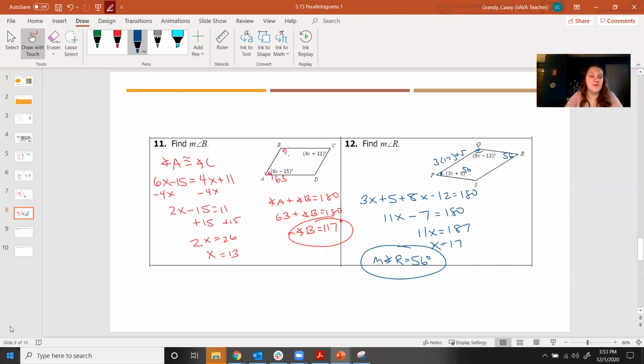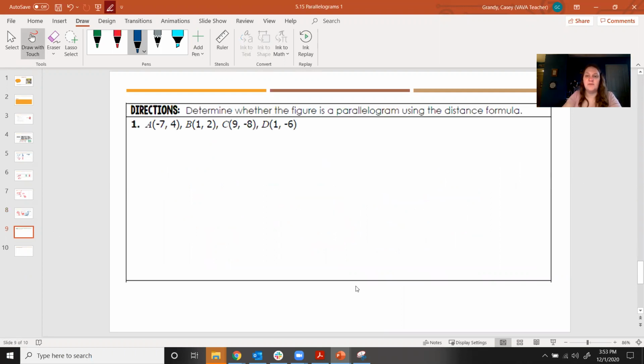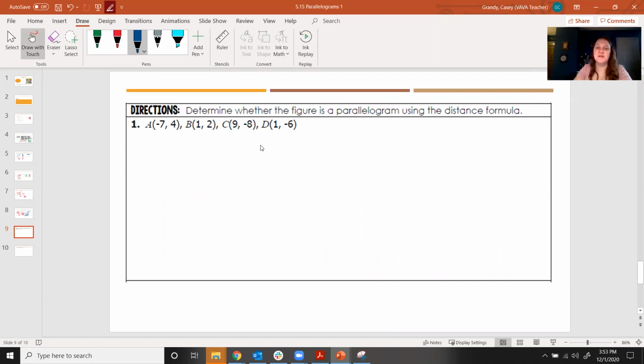Okay. Got another example here. All right, we're going to go back to that distance formula that everybody loves so much. We're going to determine whether this is a parallelogram using the distance formula. Okay, the first thing I would do is I would sketch this.